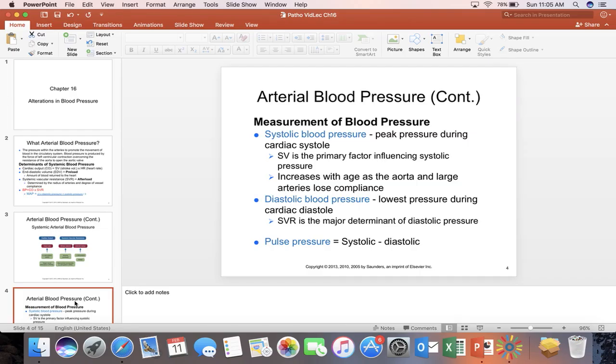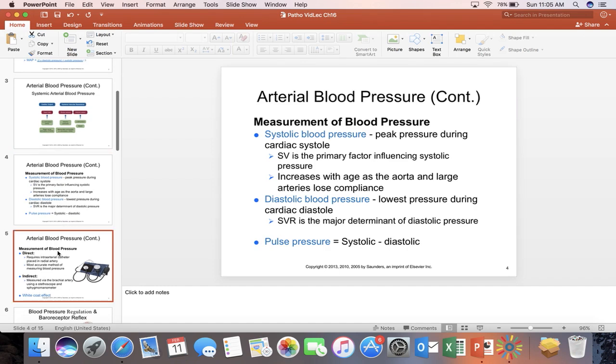The second factor is the diastolic blood pressure, which is the lowest pressure during cardiac diastole. Systemic vascular resistance is the major determinant of this diastolic pressure. And then we have the pulse pressure, which is the systolic pressure minus the diastolic pressure.